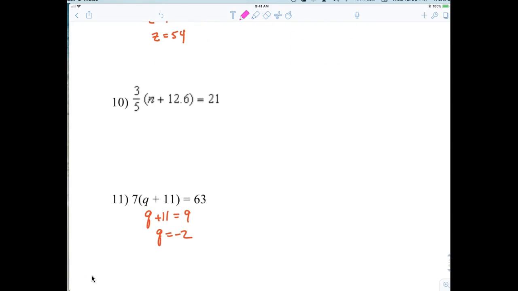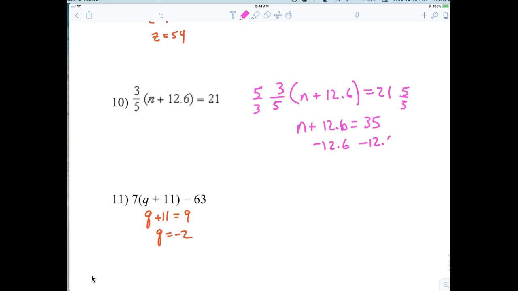All right, I'm going to write this over here again because we're going to multiply by the what? So what am I multiplying by? Shh, I got Vivian helping me. Beautiful. Is everybody okay with this? And now what? Now, subtracting 12.6, subtracting 12.6.